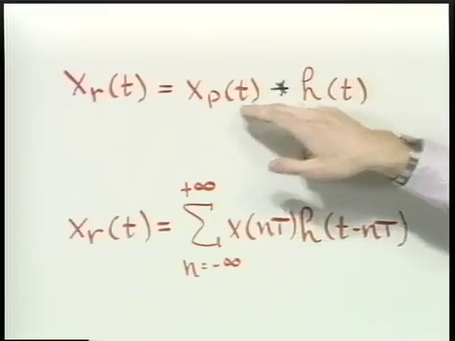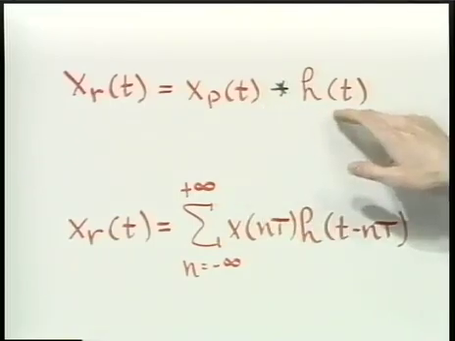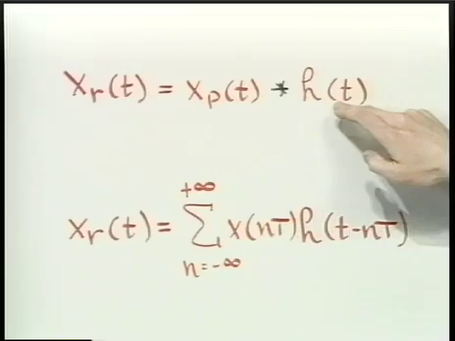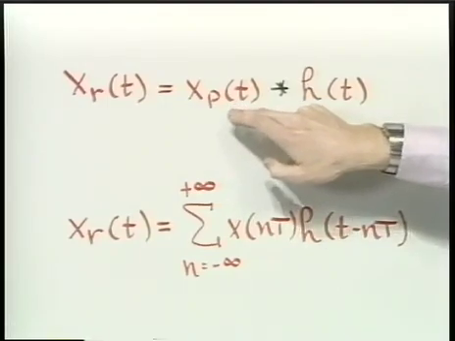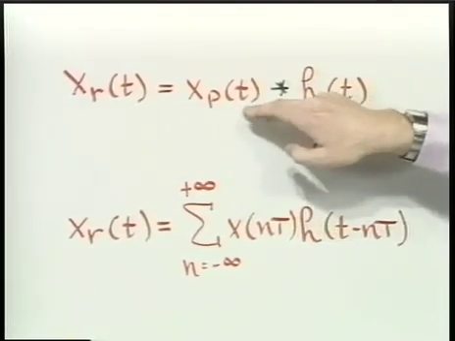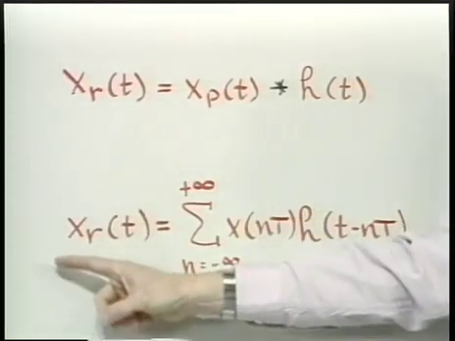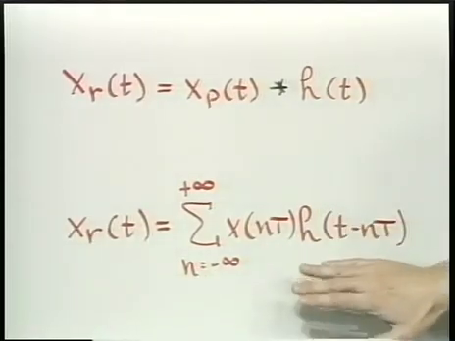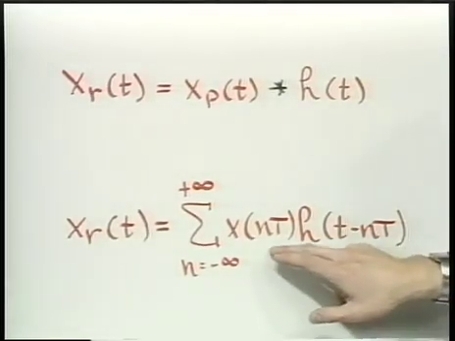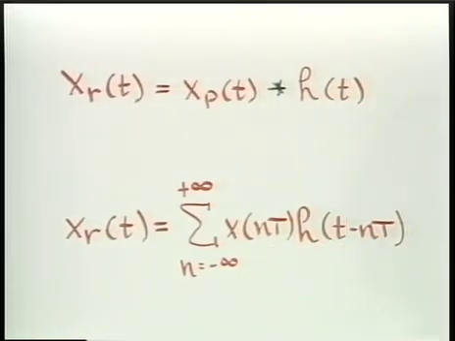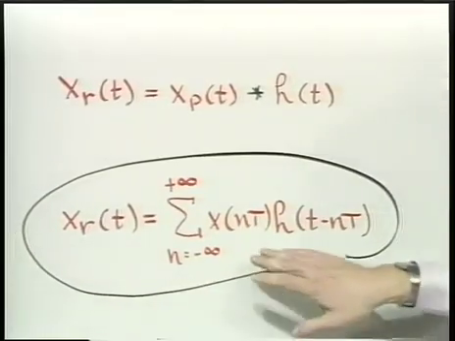And carrying out this convolution, since this is just a train of pulses, in effect what happens in this convolution is that this impulse response gets reproduced at each of the locations of the impulses in x sub p of t with the appropriate area. And finally, then, in the time domain, the reconstructed signal is simply a linear combination of shifted versions of the impulse response with amplitudes which are the sample values. And so this expression, in fact, then, is our basic reconstruction expression in the time domain.